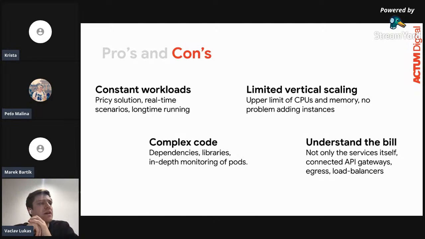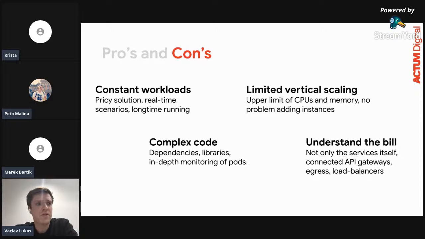The last one is, I think, not a downside, but just a reminder that when it comes to cloud, it's really important to understand the bill that you get from your cloud provider. It's not only about the service itself.